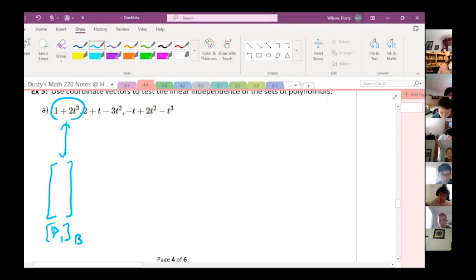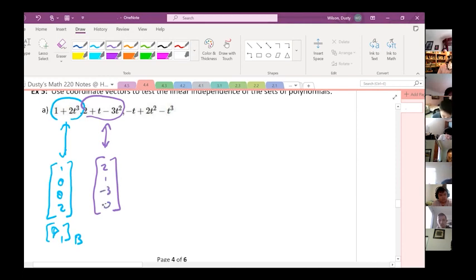I got 1, 0, 0, 2. And then the next one is isomorphic to 2, 1, -3, 0.